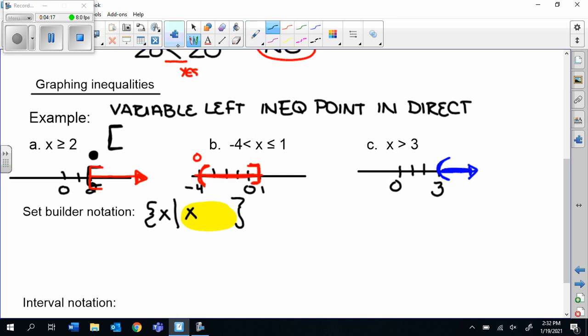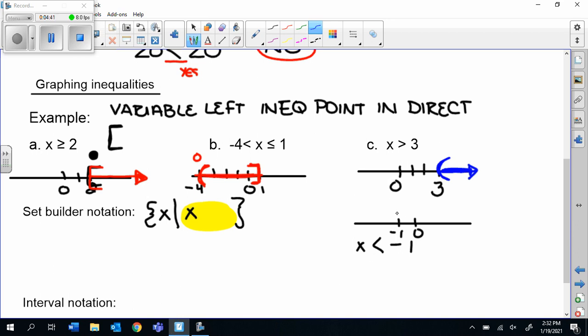Let me just throw one on here that is less than only. So if we were going to say, hey, this is less than, I don't know, -1, and we had that at 0, and so this is at -1. Again, a parenthesis, we do not include.